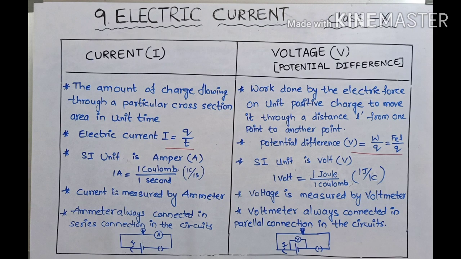So we always connect a voltmeter in parallel connection. Parallel connection means if you want to measure the potential difference of any component in the circuit, we have to connect it across that particular component only. So the voltmeter is connected in parallel and the ammeter is connected in series in circuits. So this is about current and voltage.